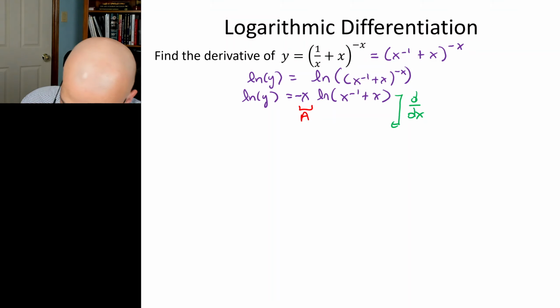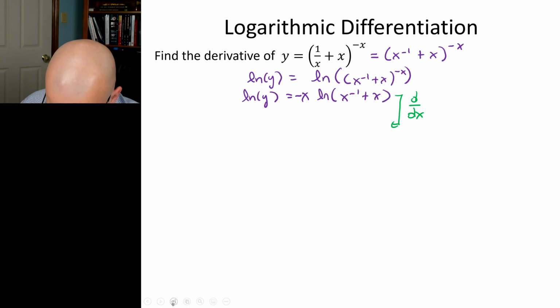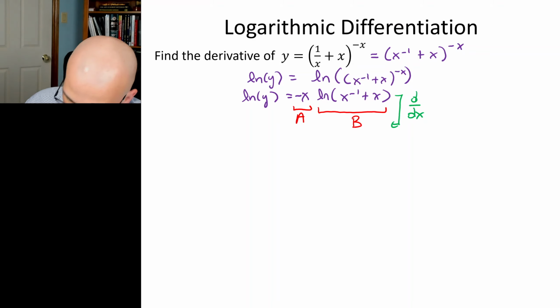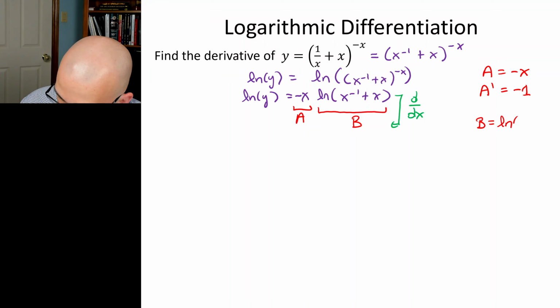We have a product rule. Now we have two functions multiplied together. We have an a and a b. A is -x, b is the log of that stuff. Derivative of negative 1 times x is negative 1. B is the ln of x to the power of negative 1 plus x.